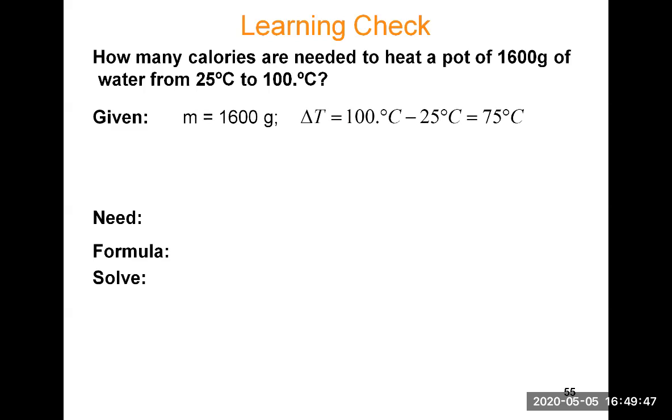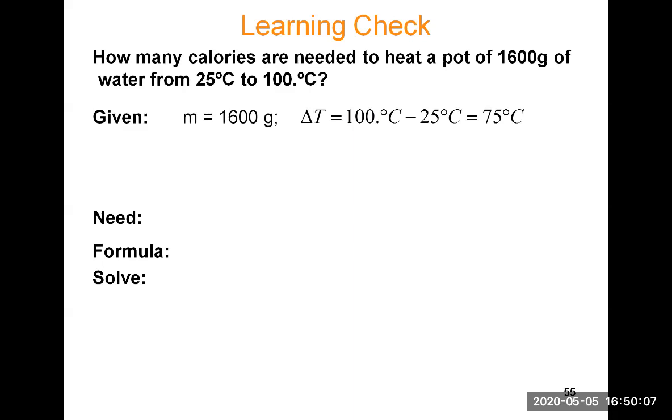So here it's 100 degrees minus 25. The dot in 100 tells you it's significant to the ones, to the degree. So you keep the difference to the degree. So 75 degrees is the delta T.